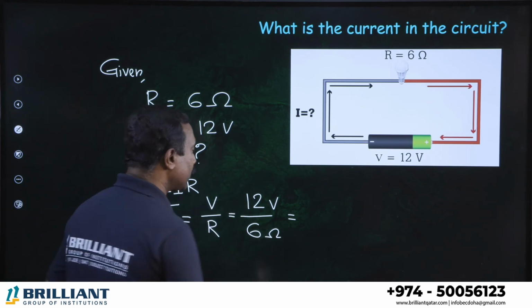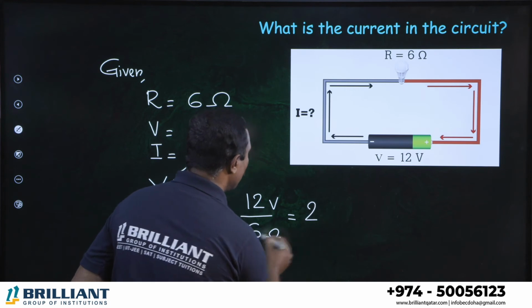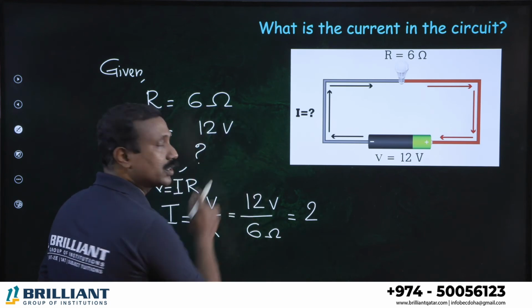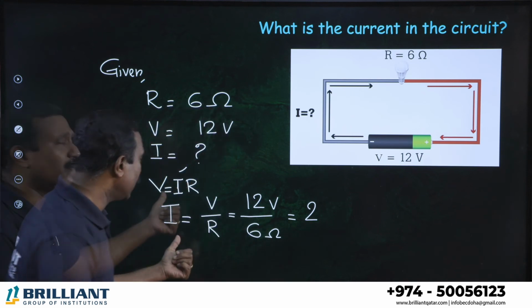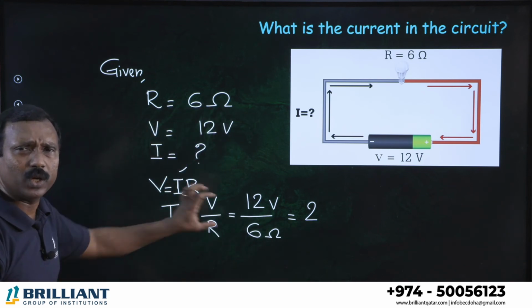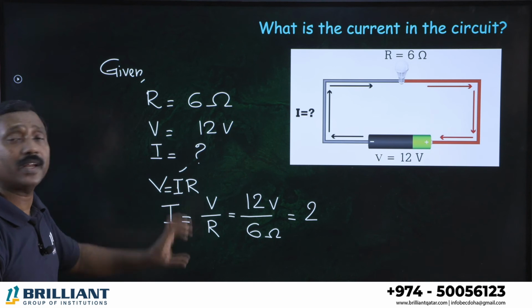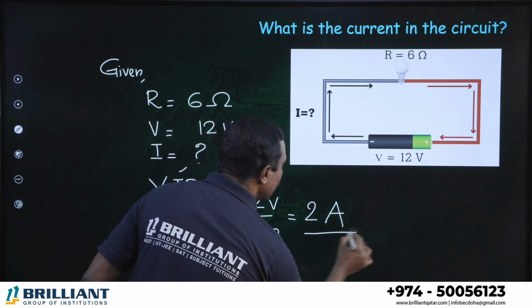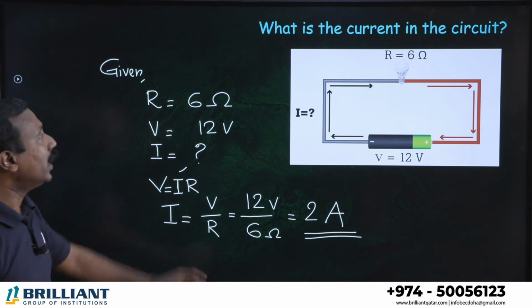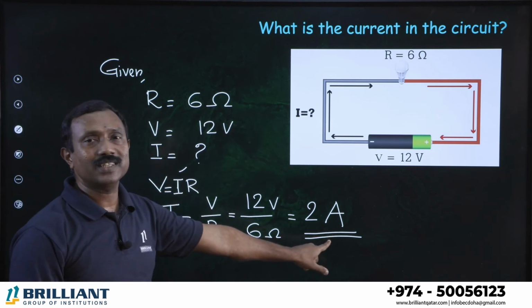So how much will you get? I will get 2, as 6 goes 2 times into 12. So I will get the value of current. What is the SI unit for representing current? It's ampere. So I will write the unit as 2 amperes. So in this question, I got the value as 2 ampere.